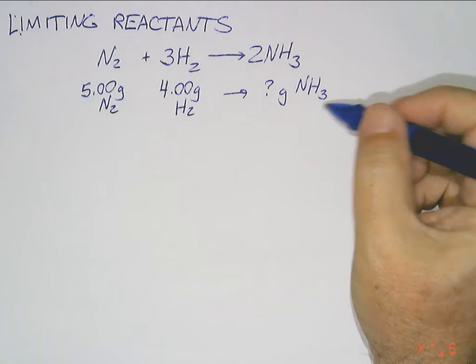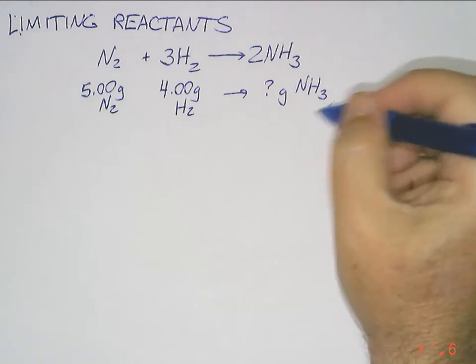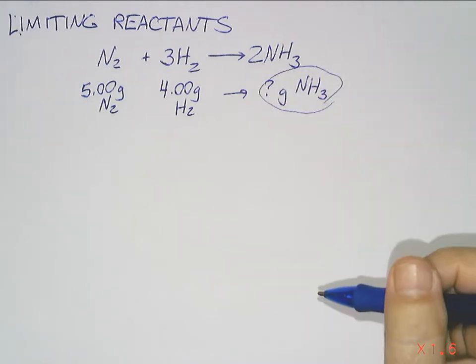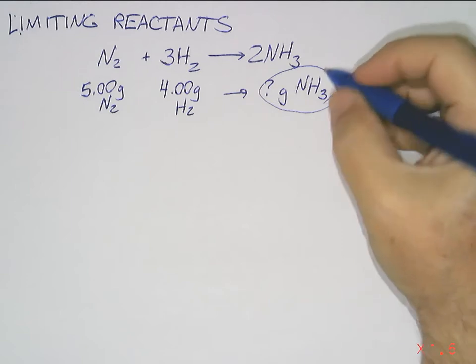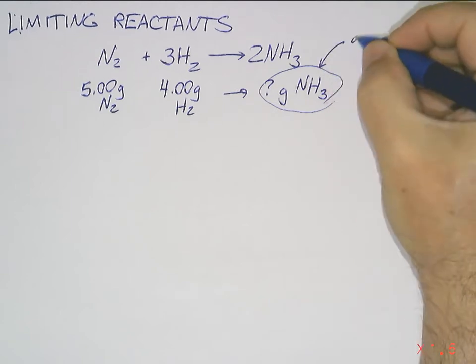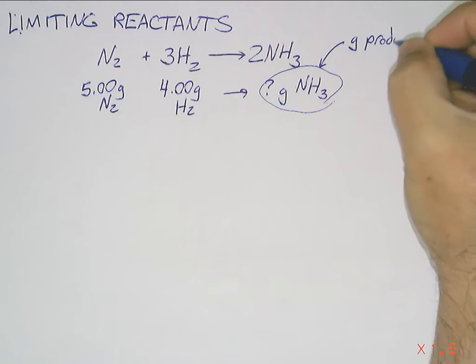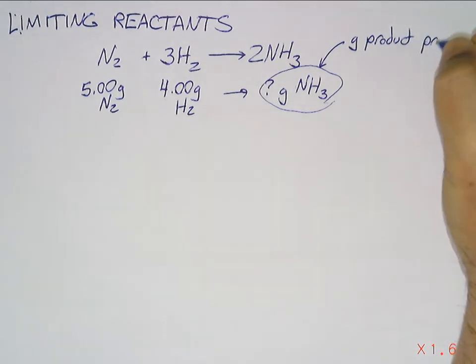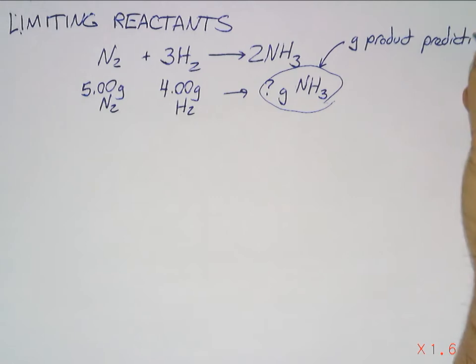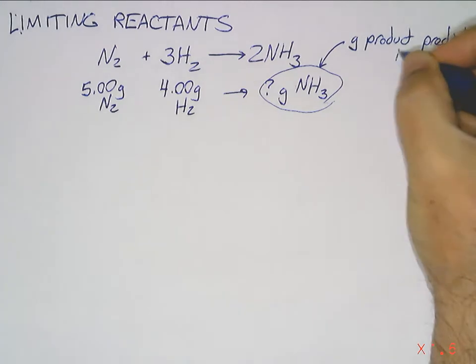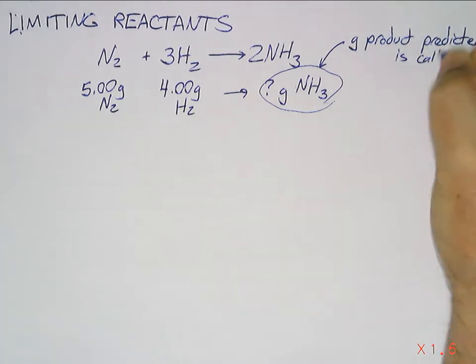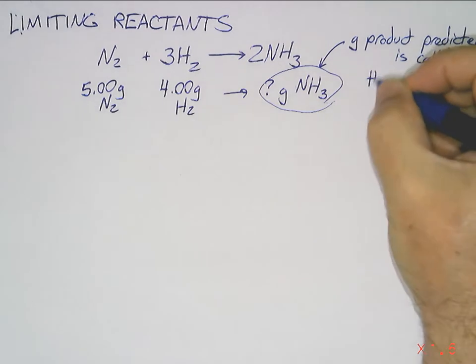Now, this kind of problem has a name. When you want to predict a gram amount of product, the grams of product predicted is called theoretical yield.